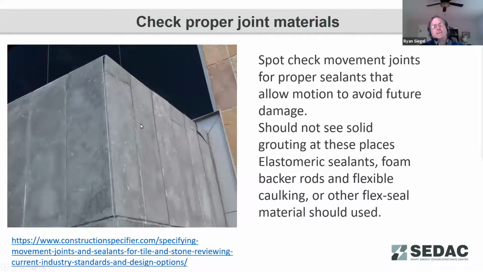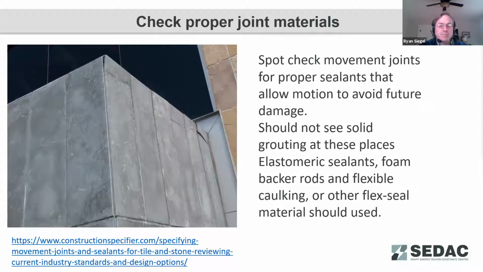So, also checking to see, did we have the proper joint materials? Because we do have expansion and contraction, want to make sure that we're avoiding joints that have movement using sealants that don't allow for that expansion and contraction movement. A good example of this is exterior walls that have been grouted rather than using caulking or other flexible sealing material.